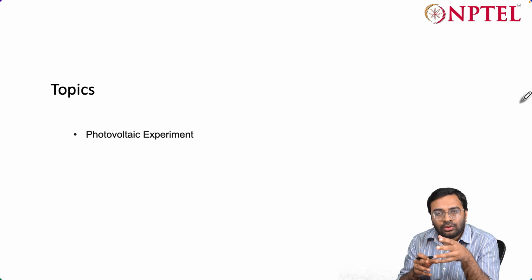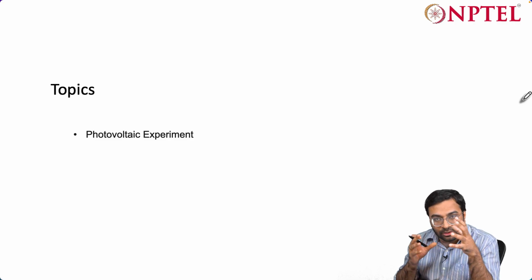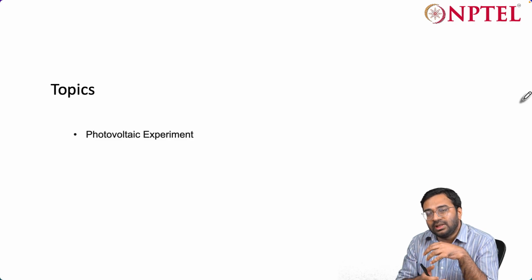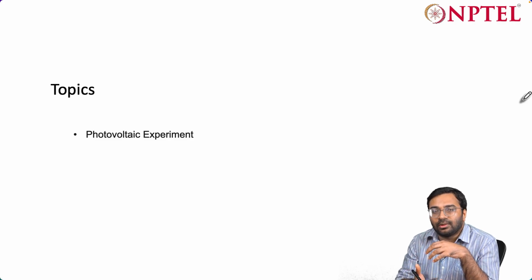I will also show you the experiment where we can illuminate the solar cell with, say, a standard solar illumination using a solar simulator, and we will see the voltage that we are getting from that solar cell. So, let us go to the lab and do that experiment.